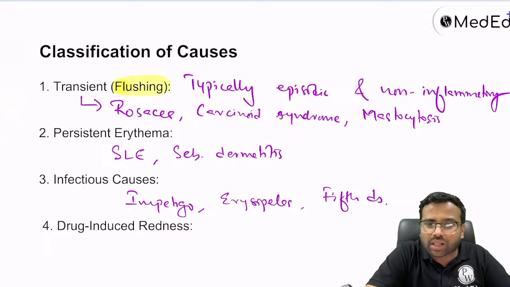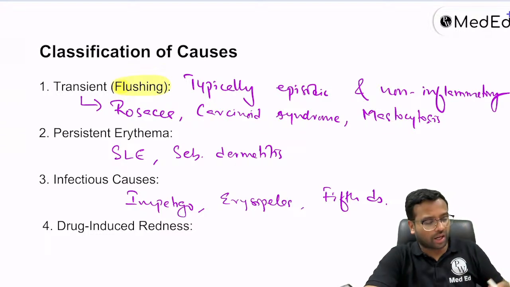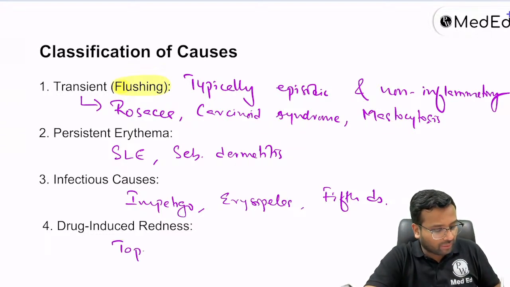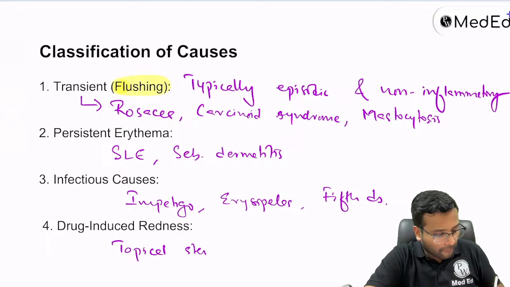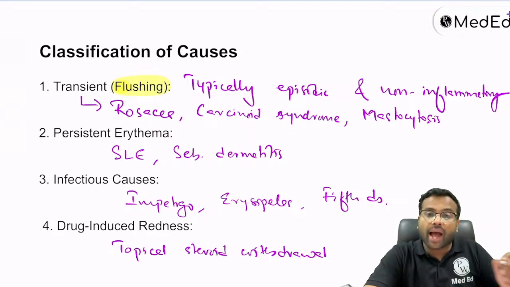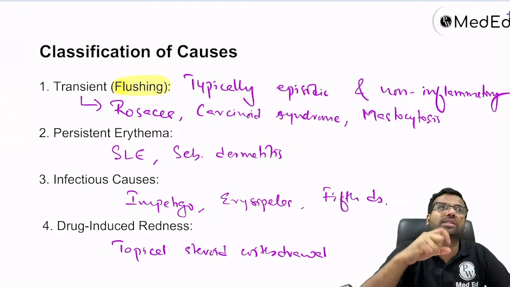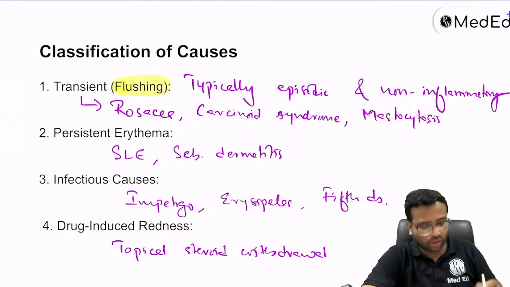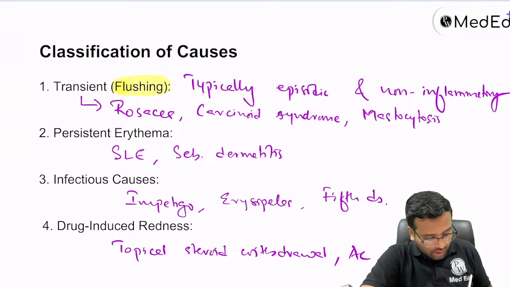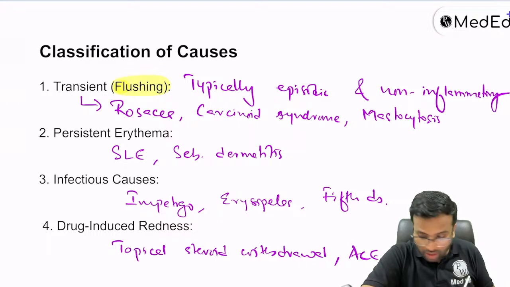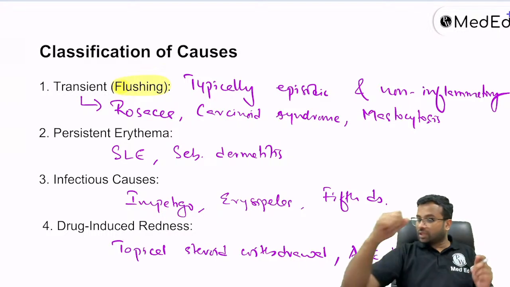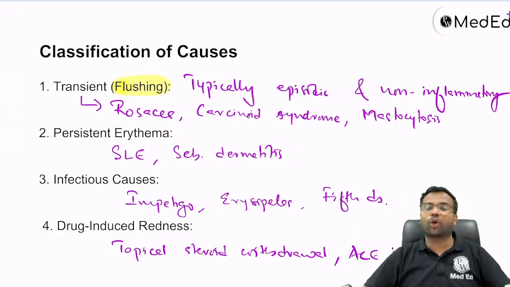Now, which drug? It is usually caused due to a topical steroid withdrawal. This can be caused due to topical steroid withdrawal, as well as we can have it because of ACE inhibitors. Some drugs like niacin, ACE inhibitors and all, they can also cause this kind of facial erythema. Very good. Red man syndrome. Excellent.